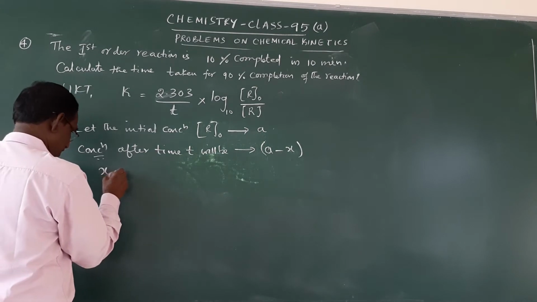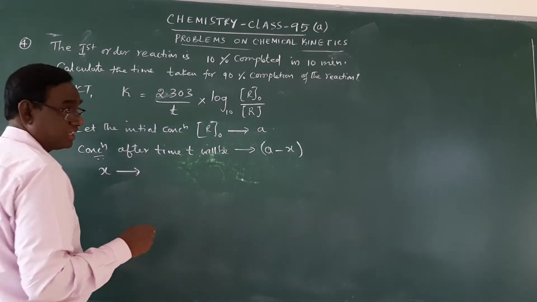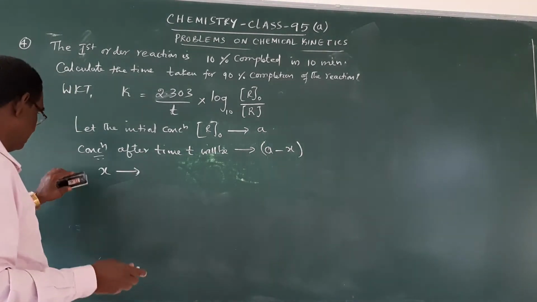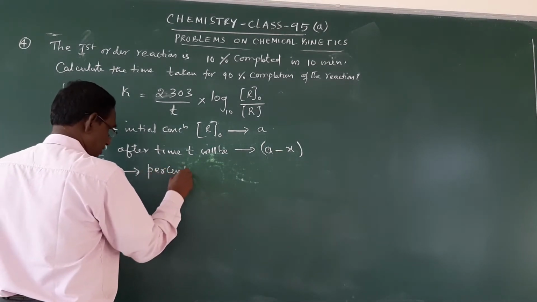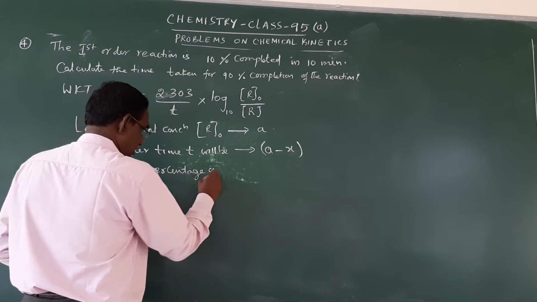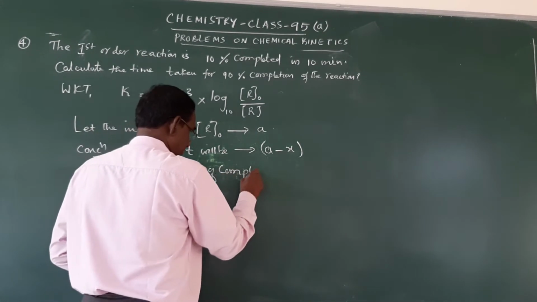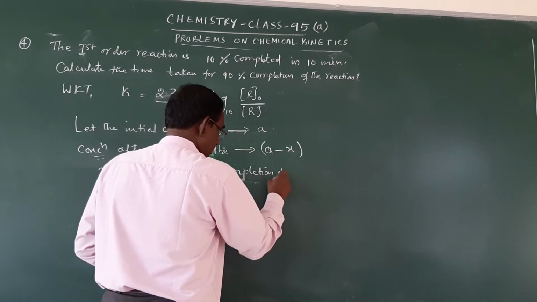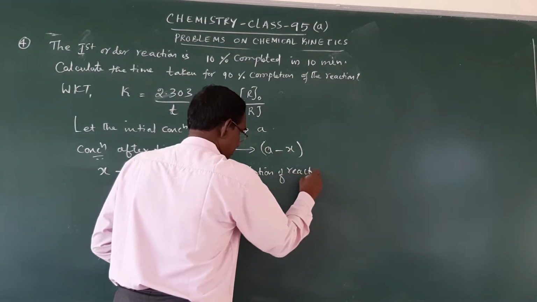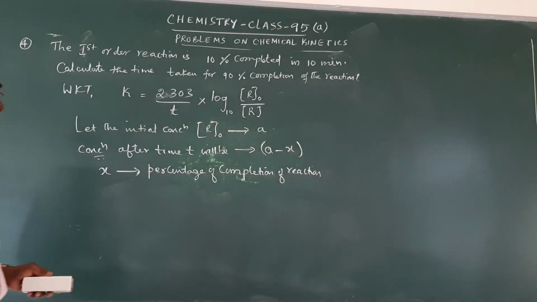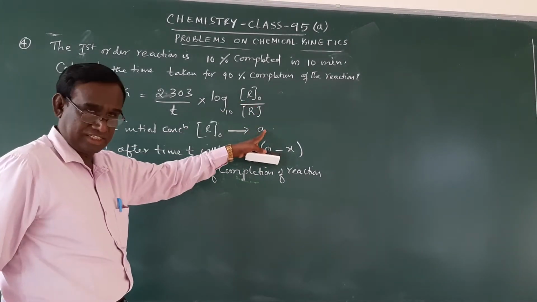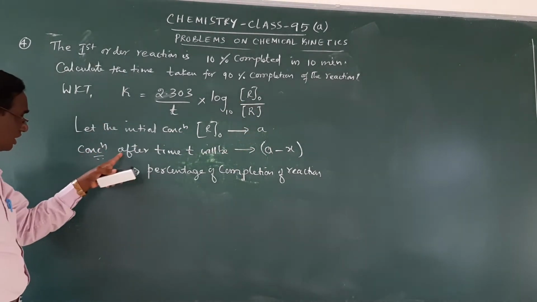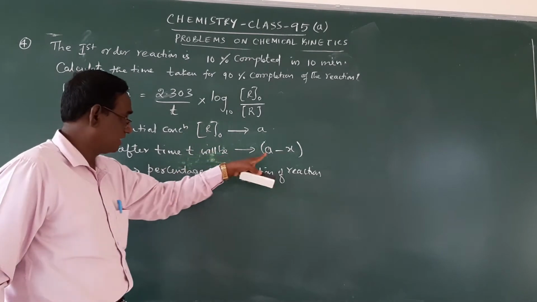Then what is x? x is nothing but the percentage of completion of the reaction. Let the initial concentration R naught be taken as a, and the concentration after time t be taken as a minus x.